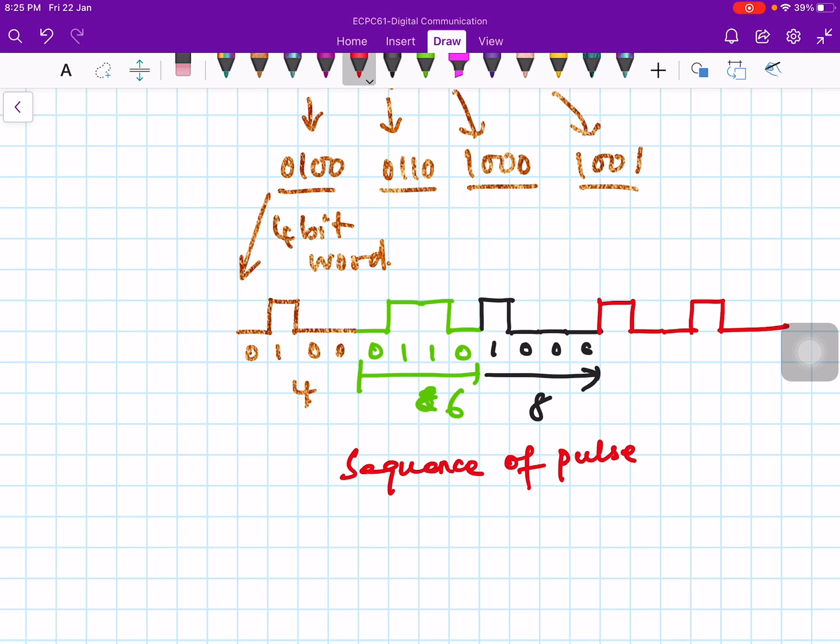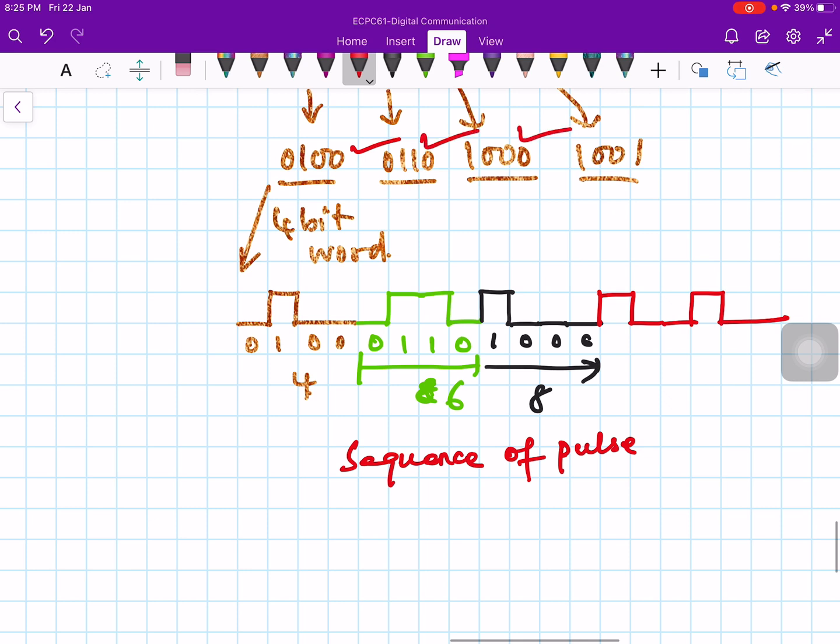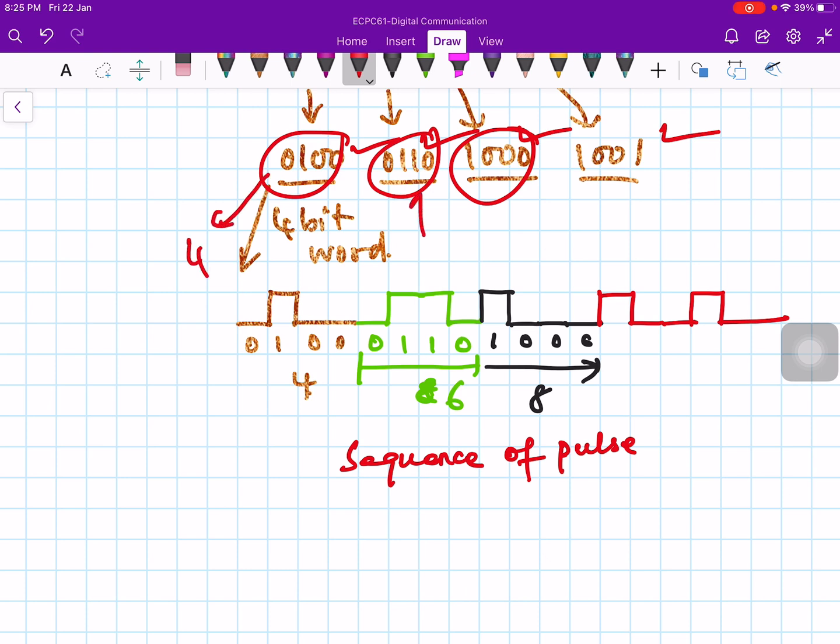Therefore, we have a sequence of binary digits like this, which we eventually have to transmit. So how will it transmit? In terms of voltages and currents. And this is the representation: this is a representation for 4, and this is a representation for 6, 8 and 9. And finally what you may transmit is a sequence of pulses like this.